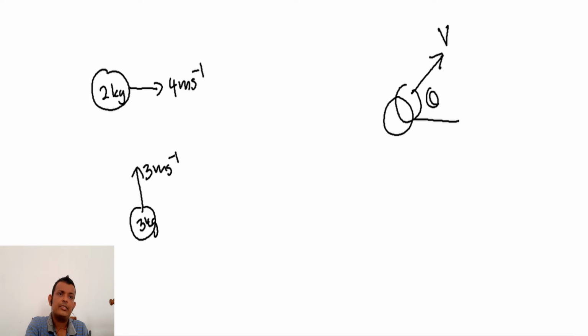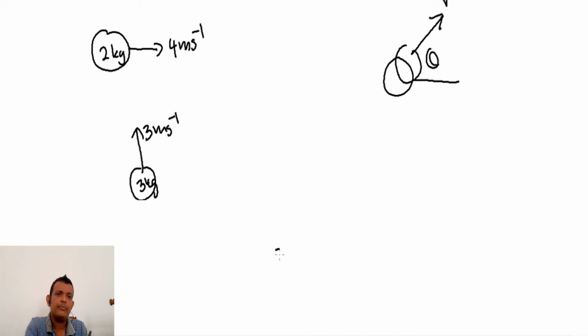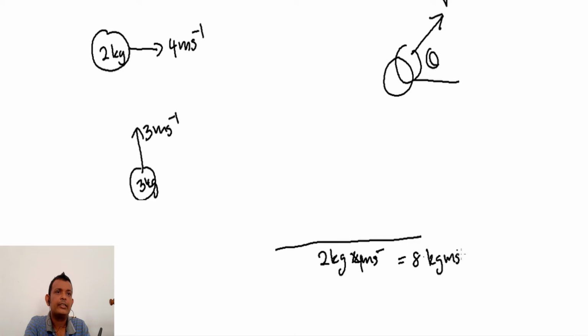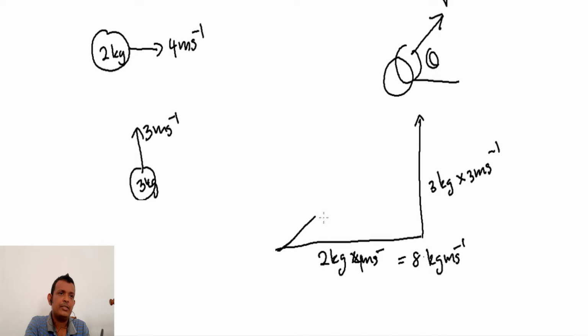For this side I have 2 kilograms and 4 meters per second speed, so the momentum is 8 kilogram meters per second. In the upward direction, there is 3 kilograms times 3 meters per second, which is 9 kilogram meters per second. I need to find this hypotenuse. So how do I find the hypotenuse?